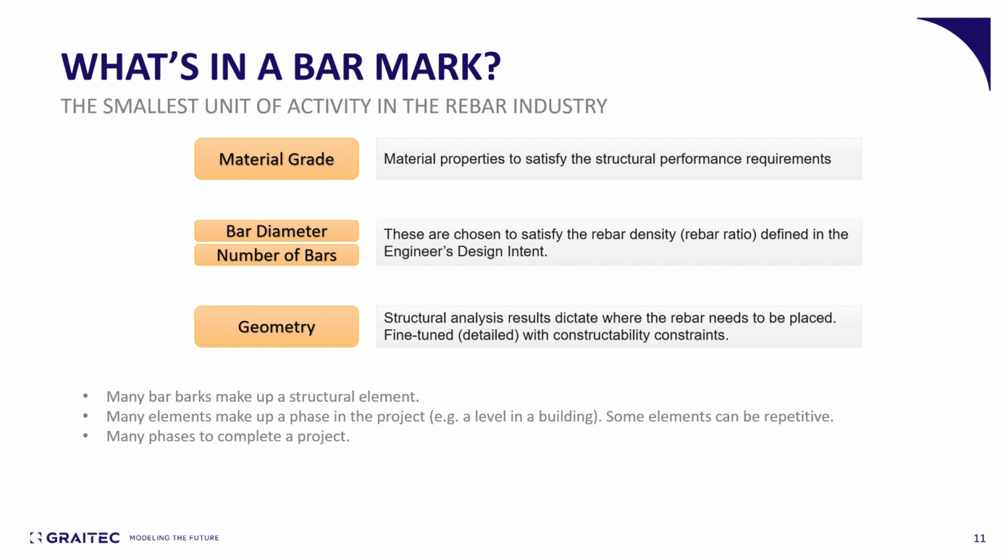You have the material grade, the material properties to satisfy the structural performance requirements, and then you have the bar diameter and number of bars required. These are chosen to satisfy the rebar densities and rebar ratio defined in the engineering design intent, and then you have the geometry, which is the structural analysis.